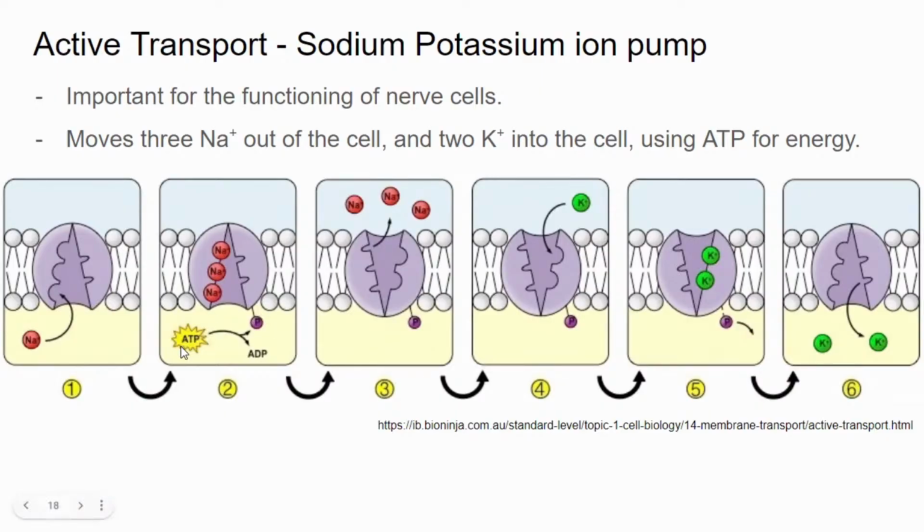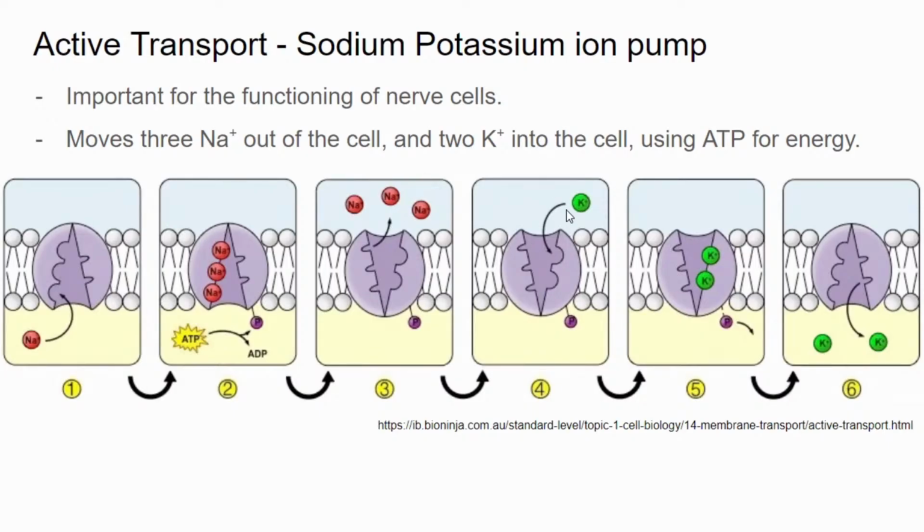The energy released from ATP and the phosphate group attached causes our pump to change shape. So it's a little bit like a revolving door. This bottom end of our pump closes and the top end opens, and our sodium can now be released outside of the cell.